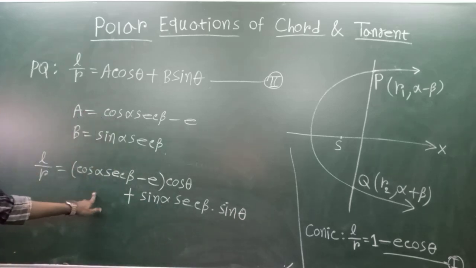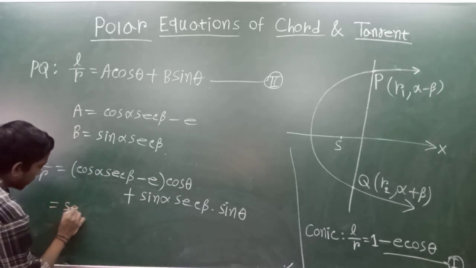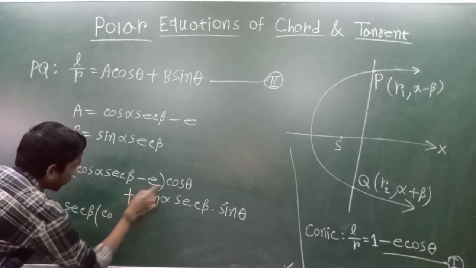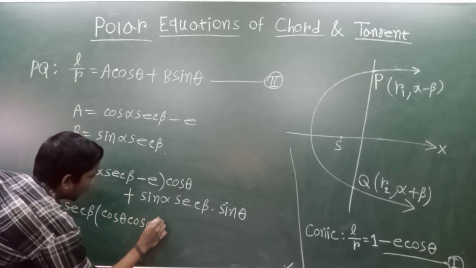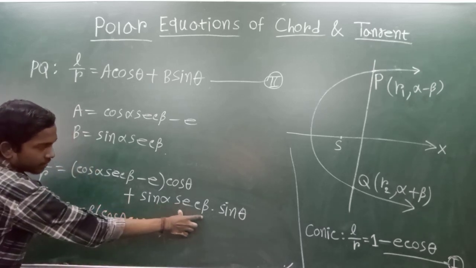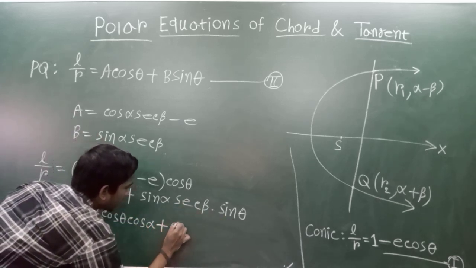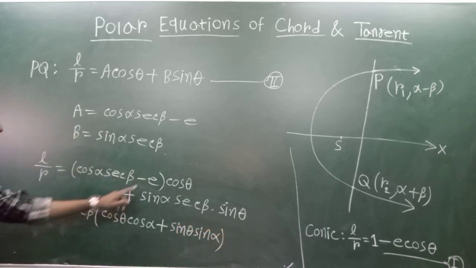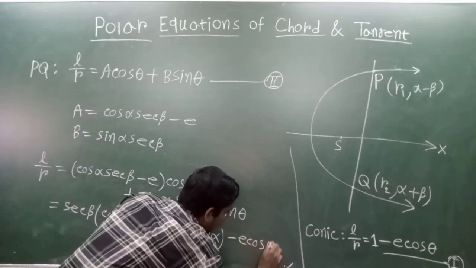Now take sec beta common from these two terms. We are left with cos theta cos alpha plus sin theta sin alpha, and this is minus E cos theta.